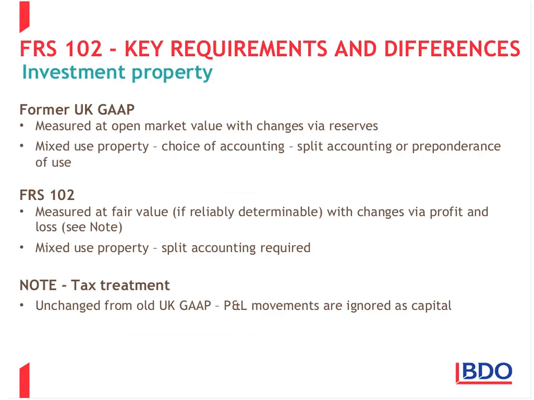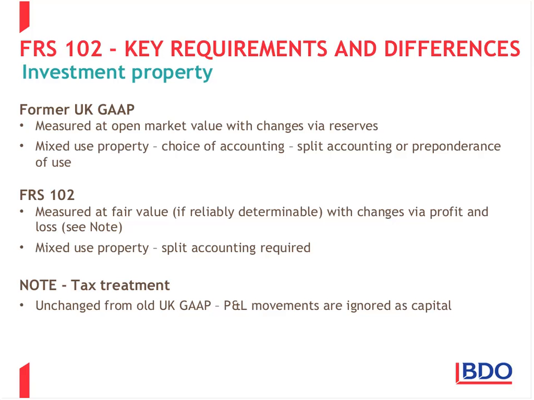Investment properties. Under UK GAAP, an investment property was measured at fair value, usually market value, with changes via reserves, no entry through the profit and loss account. Under FRS 102, again, the property is measured at fair value, if it can be determined, with changes being taken via the profit and loss account.